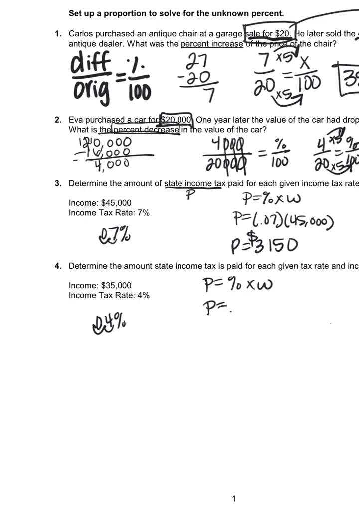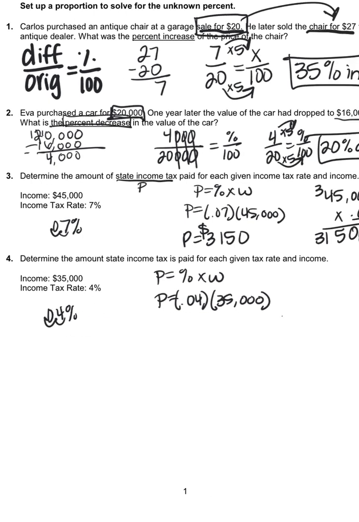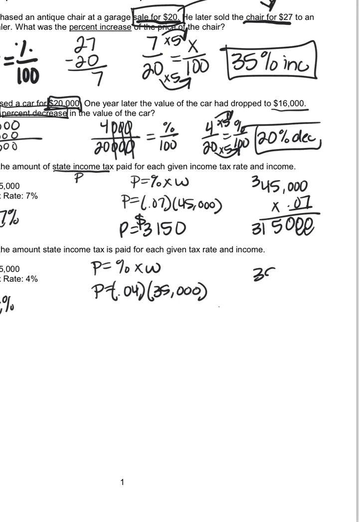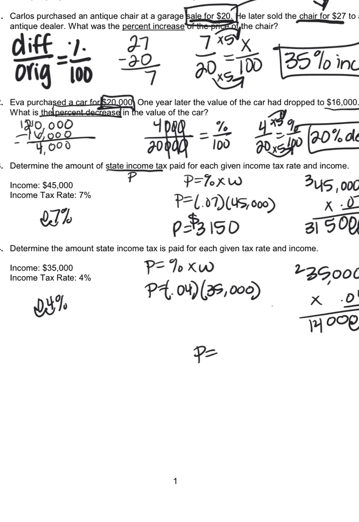Part is equal to 0.04 times my total of $35,000. 35,000 times 0.04. 4 times 0 is 0. 4 times 5 is 20. 4 times 3 is 12, plus 2 more is 14. 2 place values, 1, 2. And I have my part is $1,400.